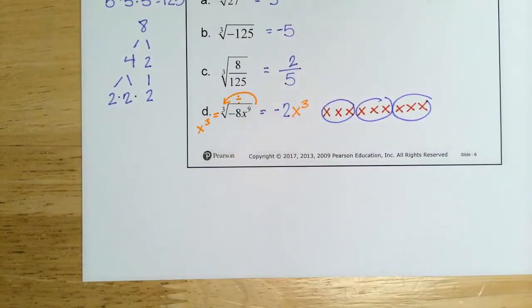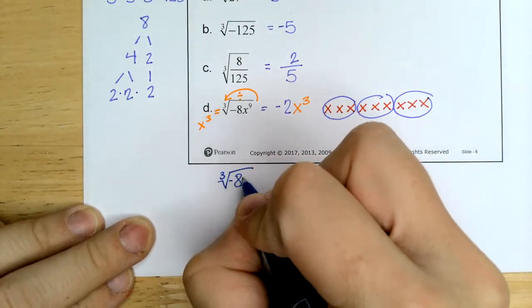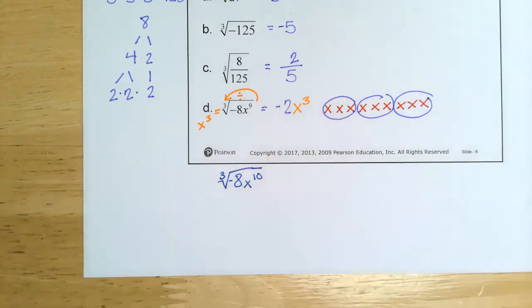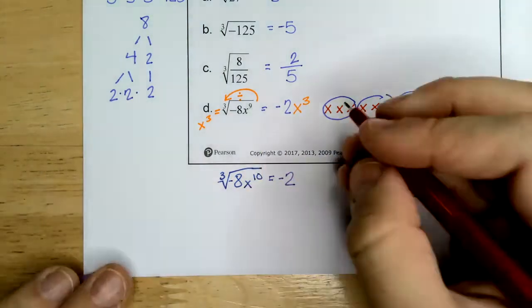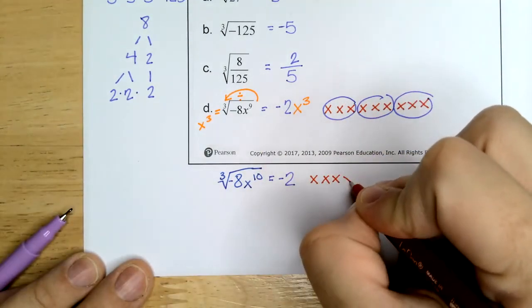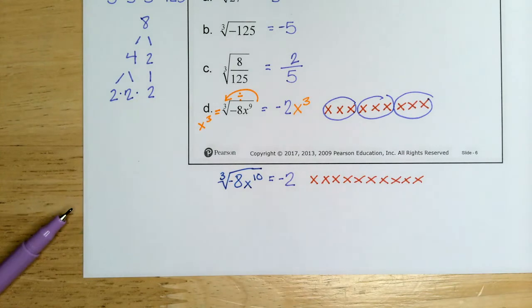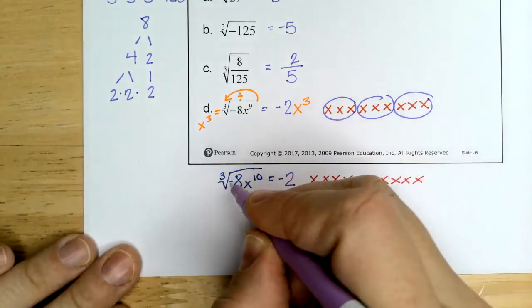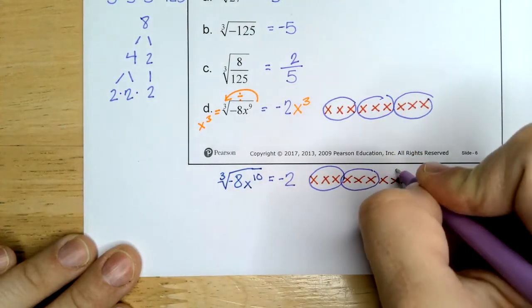Okay? And let's do just a quick little side note. If it was the cube root of negative 8x to the 10th, I would still have the negative 2, right? But now I would have 10 x's. I can still group those into groups of 3. 1, 2, 3.